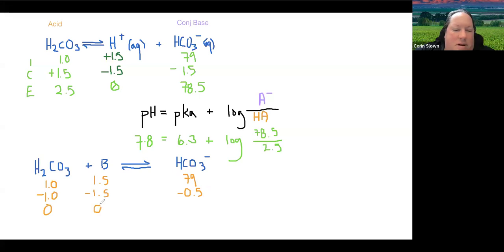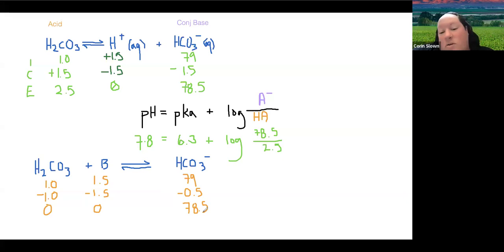We have 0 here. Ooh, now this gets a little bit messy, right? Because in reality, we know that nothing goes to 0. So the reality is there's going to be a very small amount of our acid that's left over, because even in an equilibrium system, if I pull all of my bicarbonate over, and I have no H2CO3, then equilibrium is going to shift to try and achieve that equilibrium.